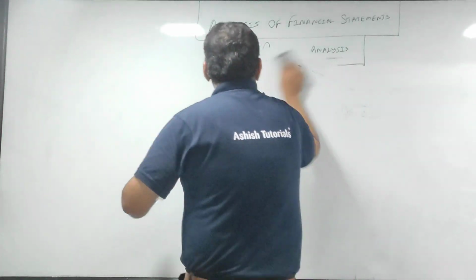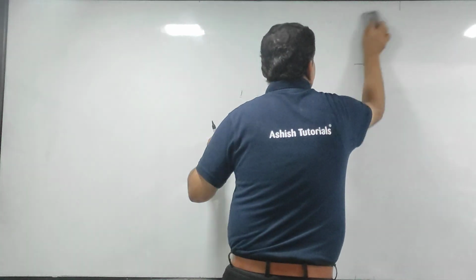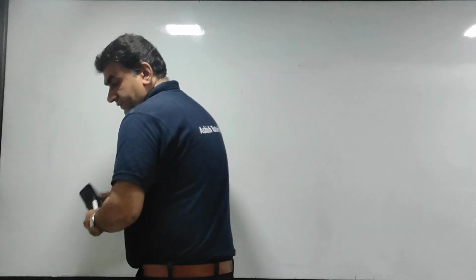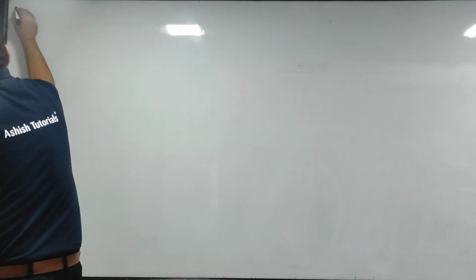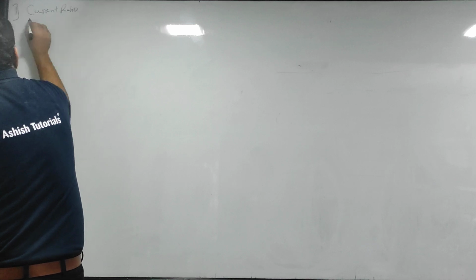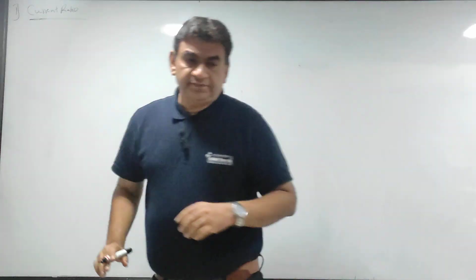Okay, so I take the first ratio which will be a part of your balance sheet ratios, and the first ratio is called current ratio.